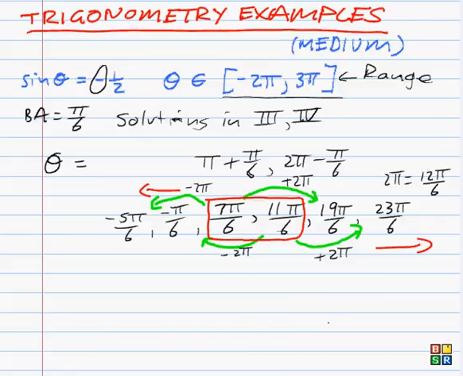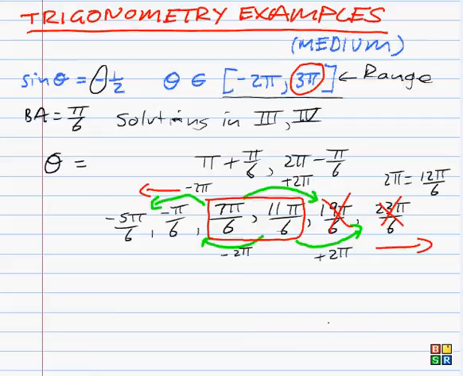We need to keep adding solutions until we get outside of this range. 11 pi on 6 is inside the range. 19 pi on 6 is just over 3 pi, so it's not within the range, and neither is 23 pi on 6, so we don't want those answers included.